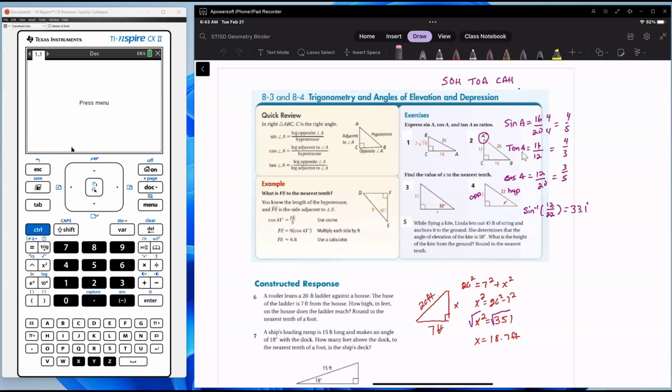Tangent of A is going to be opposite over adjacent, which is 16 over 12. And then cosine is adjacent over hypotenuse. Each of these can be simplified by a factor of 4. So that's why we got 4/5, 4/3, and 3/5.